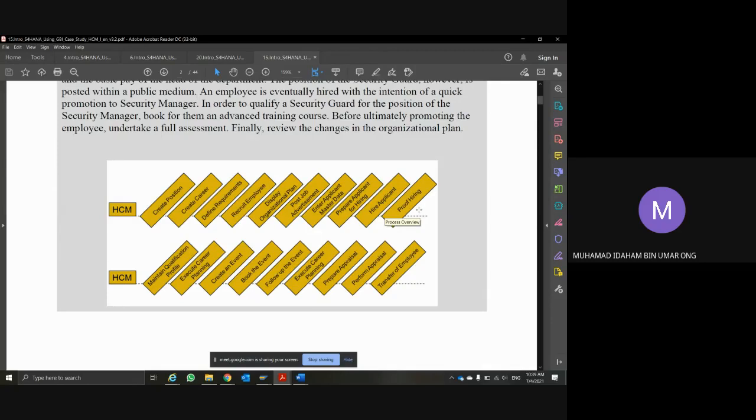From advertising until that person is confirmed to be hired at that company with proper salary, if available, benefits, and so on. Those are the things that you need to ask for those who choose Human Capital Management 1.